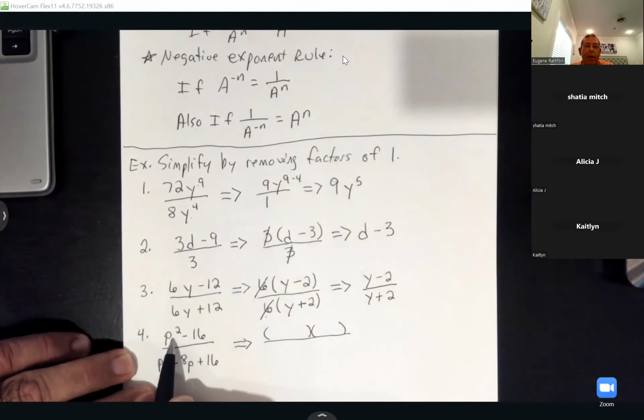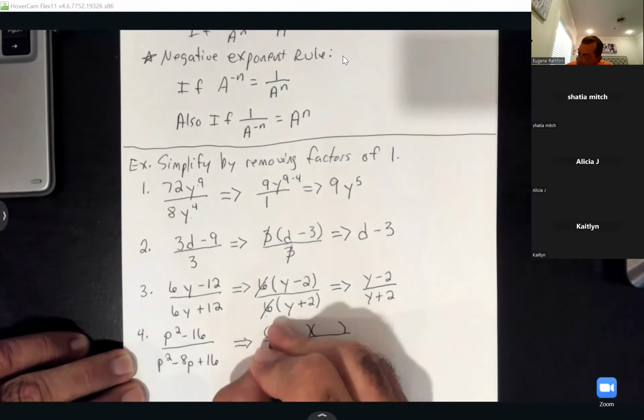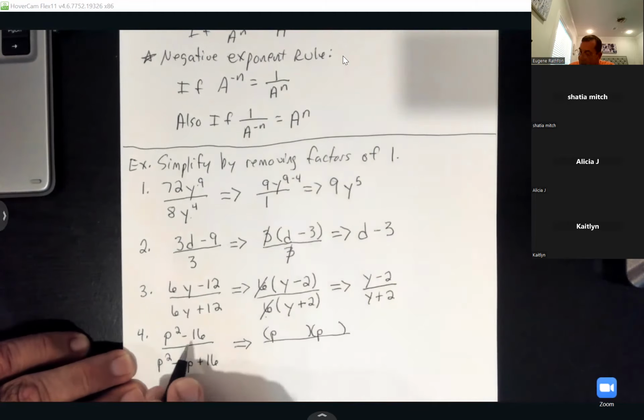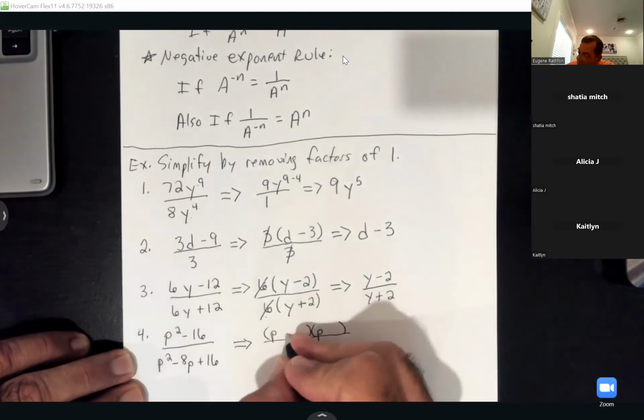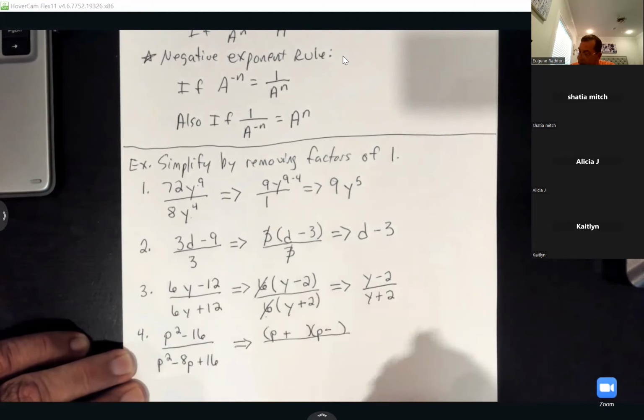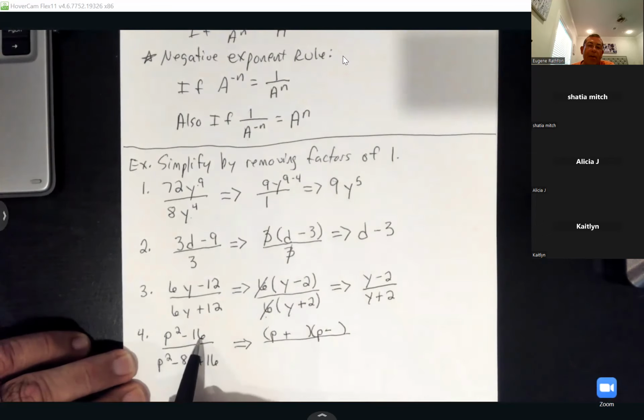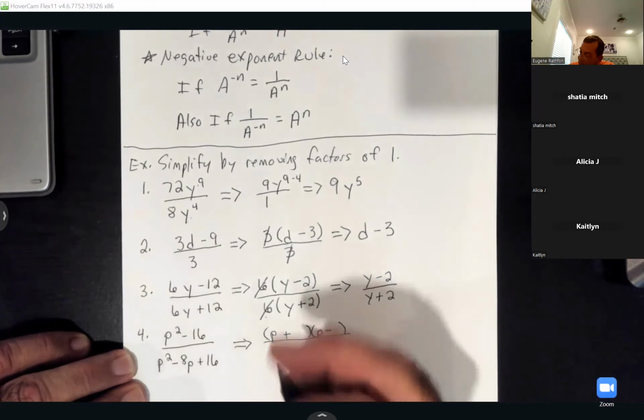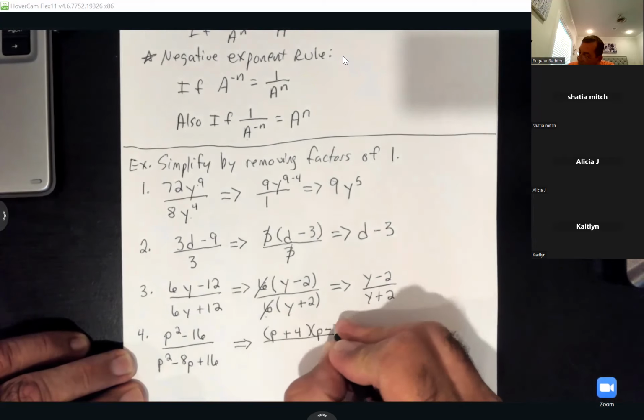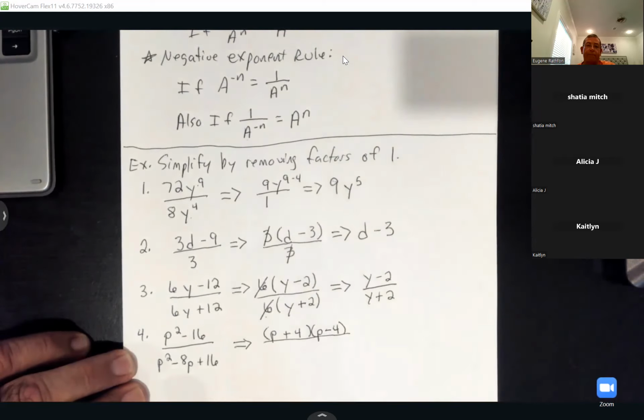So remember, perfect squares, p squared gives you a p and a p. The last number is negative, so you get a positive and a negative. And then remember, we found the square root of 16 to get our 2 numbers. So the square root of 16 gave me 4 and 4. So remember, difference of perfect squares always factors into conjugate pairs.